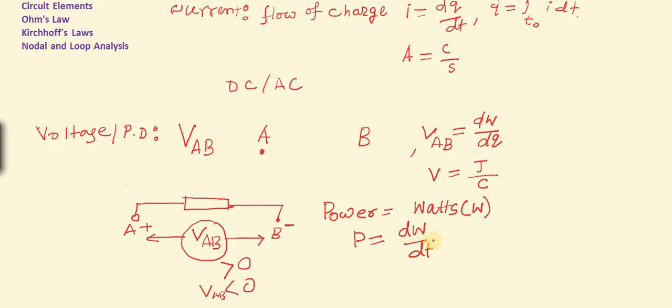Now this dW/dt we can write as dW/dq times dq/dt. And this dW/dq is the voltage, as I told previously, and dq/dt, the flow of charge, is current I. So power is equal to voltage into current.